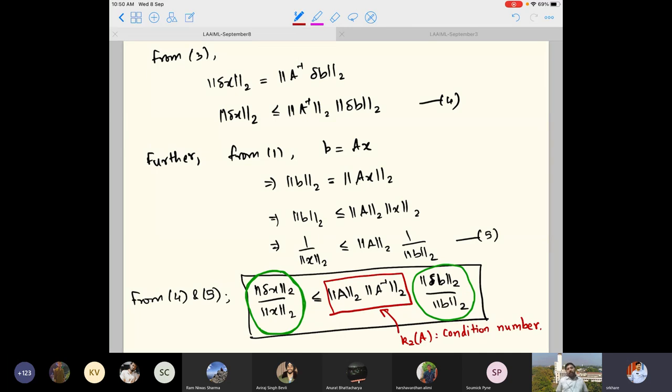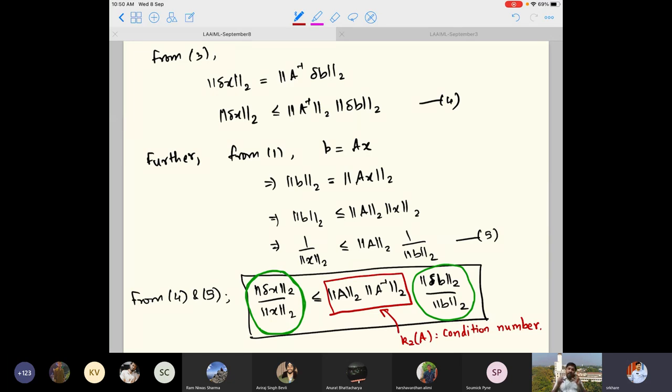If this scaling factor is really very high, then a slight perturbation in B can lead to a really very high perturbation in x.